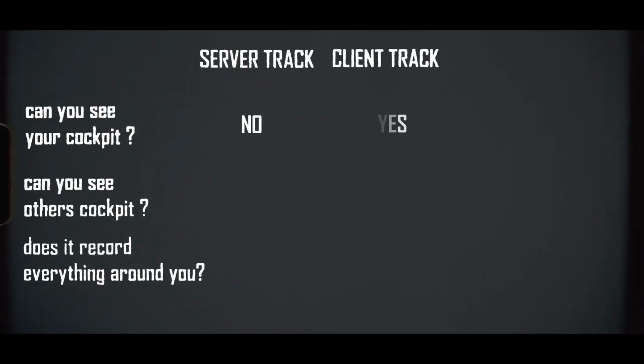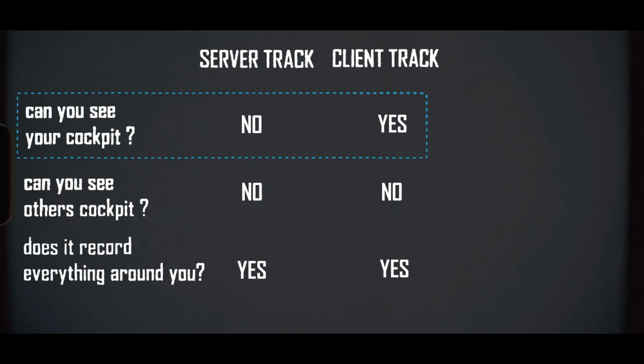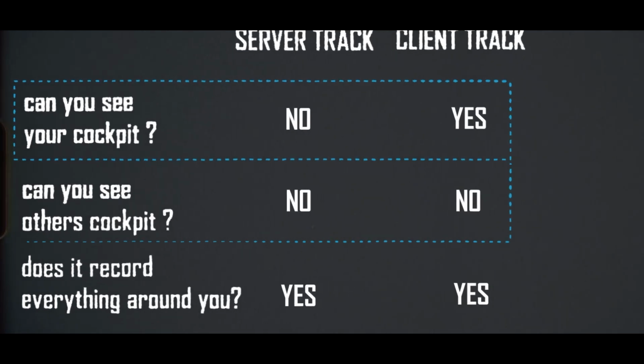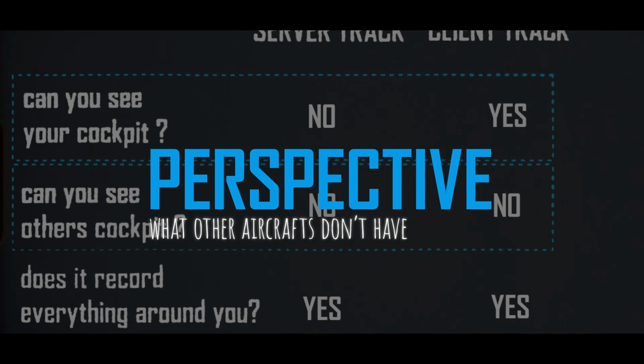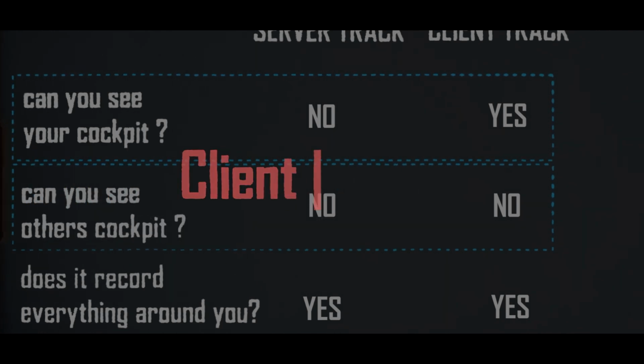But most importantly, what makes me call them client tracks is that the only aircraft you can get into its cockpit is yours. So that's what I can call a perspective, because it's something that other aircraft don't have. But the client tracks are exactly where we face our problem.